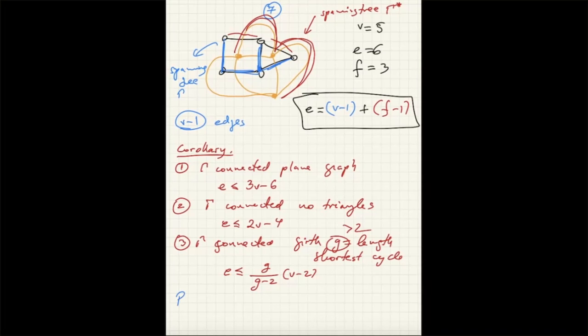Okay, so the proof is the same for all. It uses the equation that the summation over j greater or equal to 1 of j times F_j is twice the number of edges. In our situation, let's say we're looking at connected plane graphs with girth greater than 3, so we don't have multiple edges or loops.